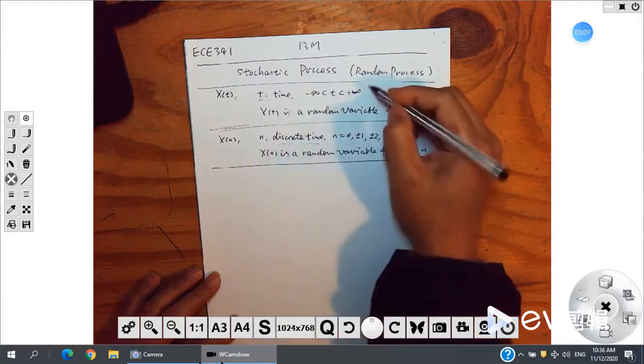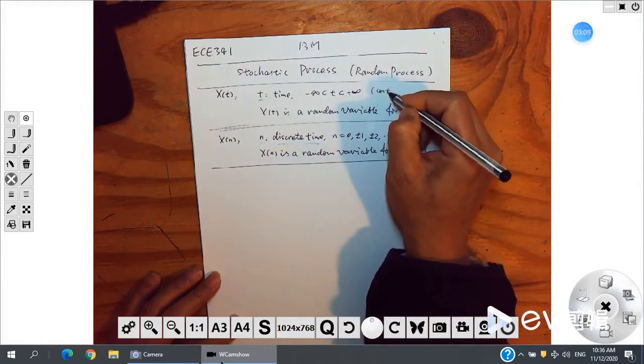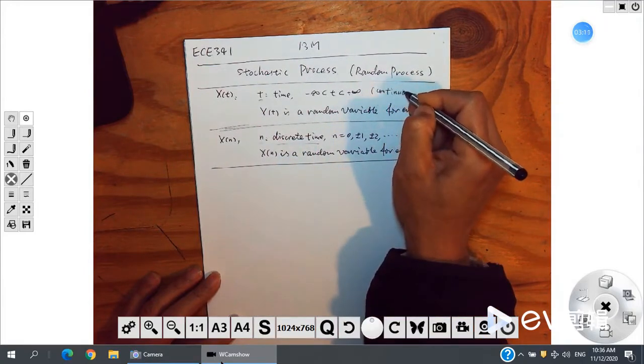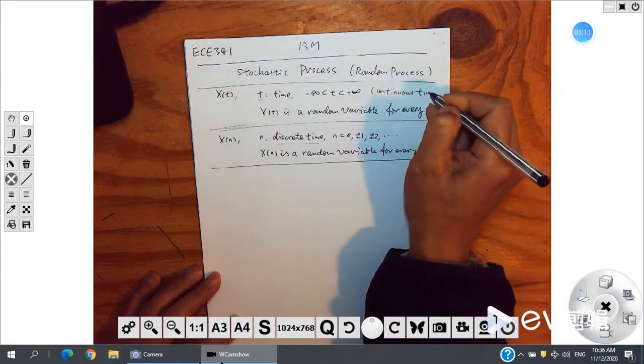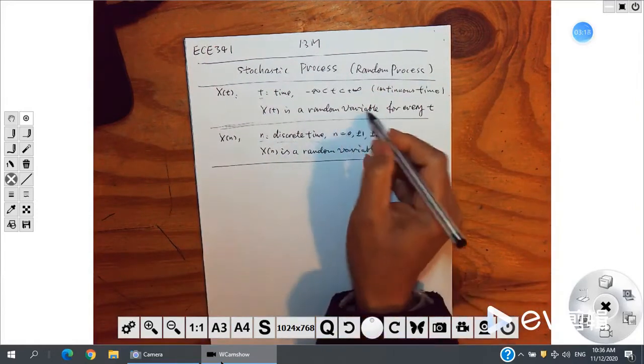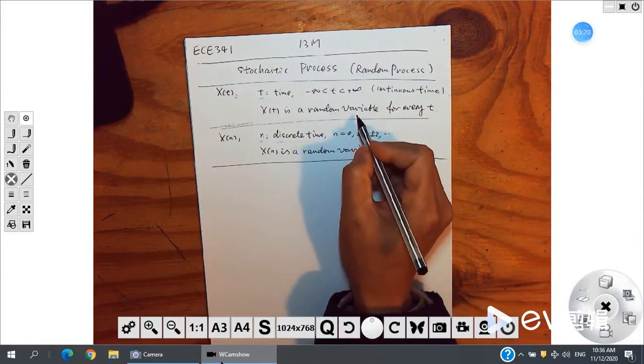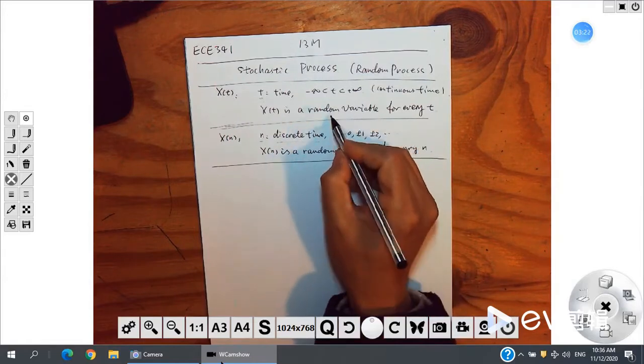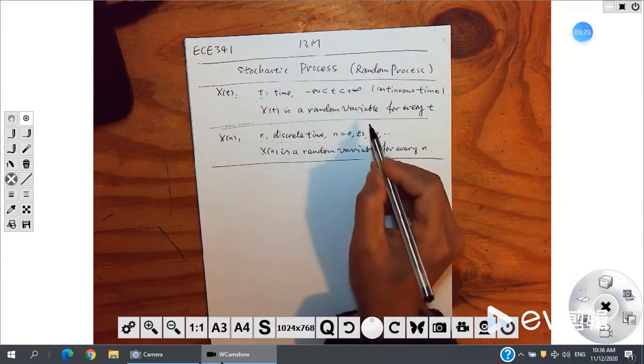This is continuous time. And we know for random variables we have 2 kinds, right? We can have discrete value random variables or continuous value random variables.